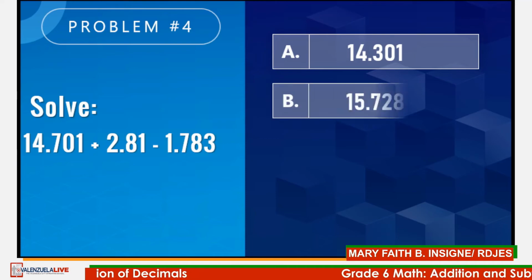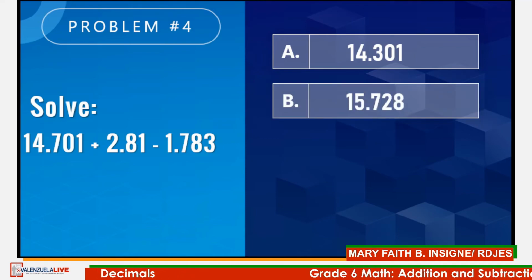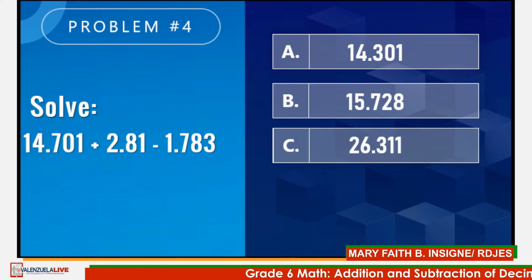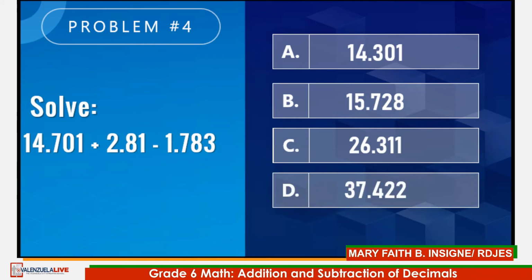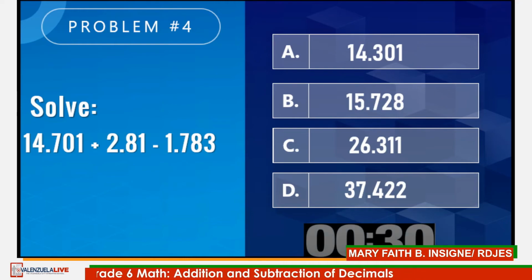The choices are letter A, 14 and 301 thousandths. Letter B, 15 and 728 thousandths. Letter C, 26 and 311 thousandths. And letter D, 37 and 422 thousandths. Your 30 seconds timer starts now.